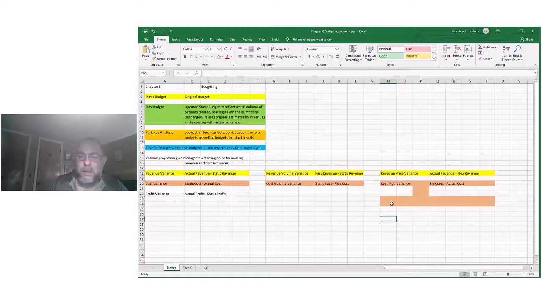All right. So we would have something along the lines of a labor variance. And we could actually have a supplies variance. So in other words, what's the stuff that might make up your costs?